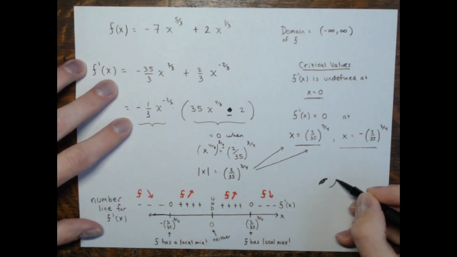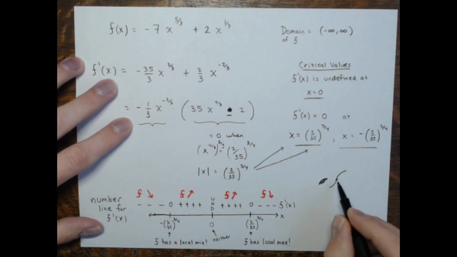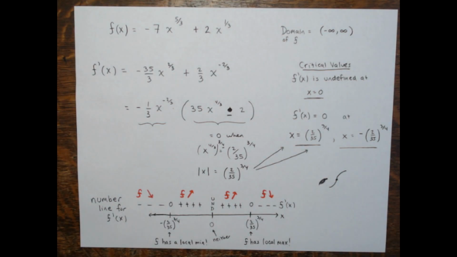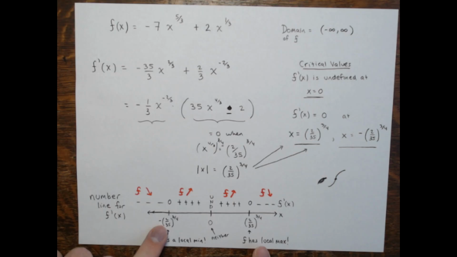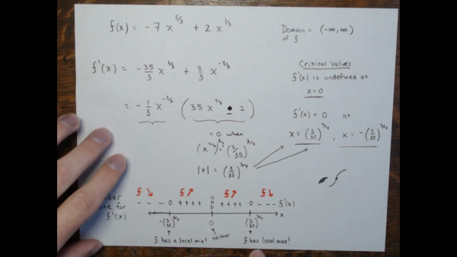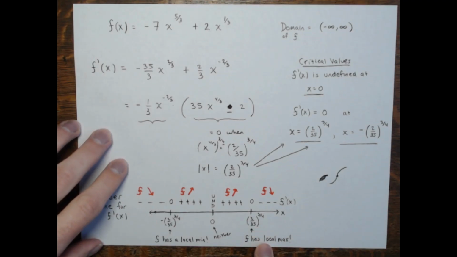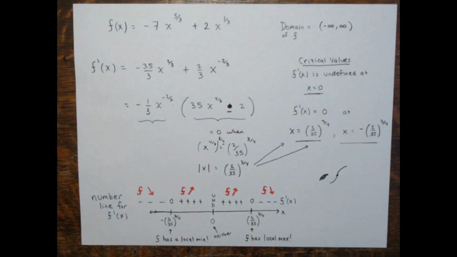It's got undefined slope. And then that is doing something like this at 0, where it's not at the top of a hill or bottom of a valley. So my answers are going to be local min at x equals the opposite of 2/35 to the 3/4 power. And f will have a local max at 2/35 to the 3/4 power. They said enter an exact value, so those are what I'll be entering.